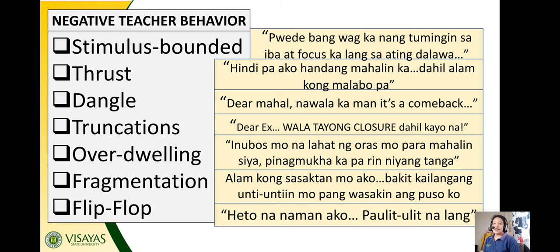Mabilis kang malito. Just like in the classroom, you are already discussing, then there is a student na nag-ingay or pumalakpak, then na-distract ka na, nawala ka na sa discussion.